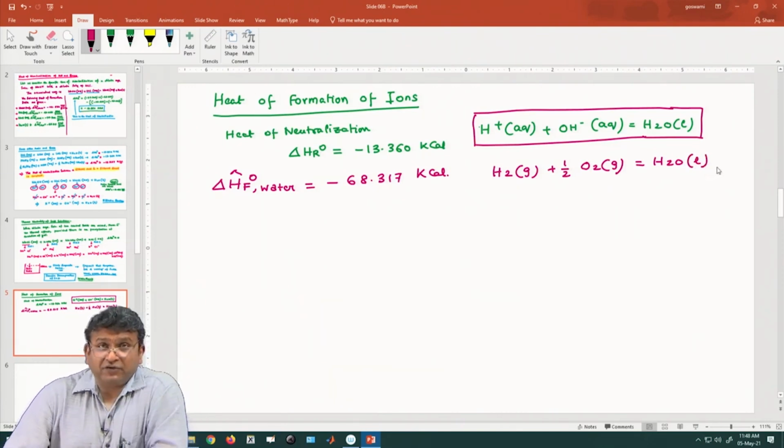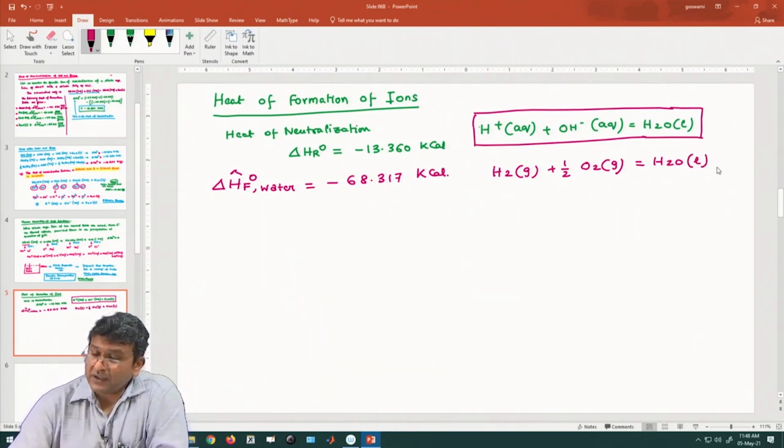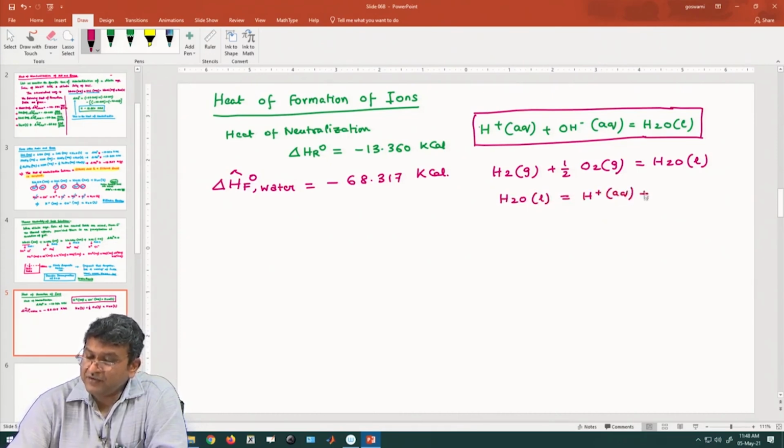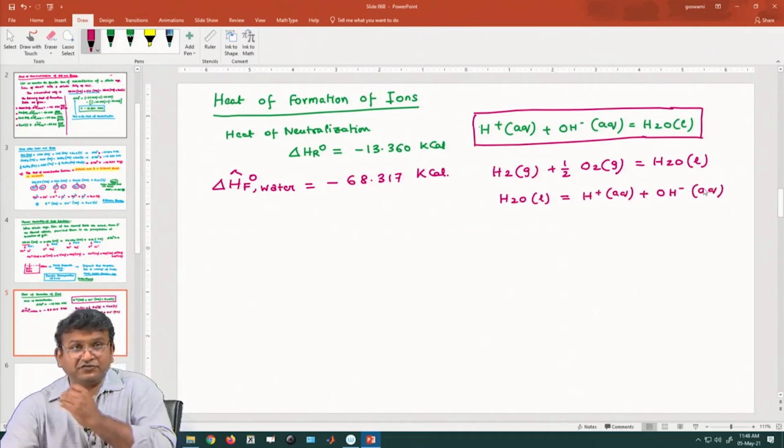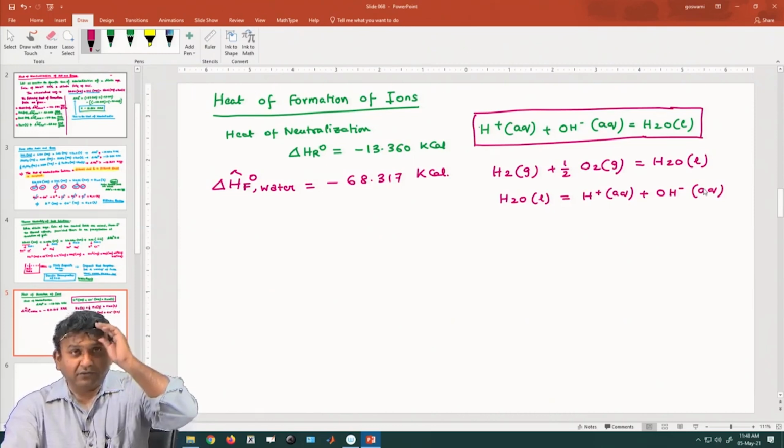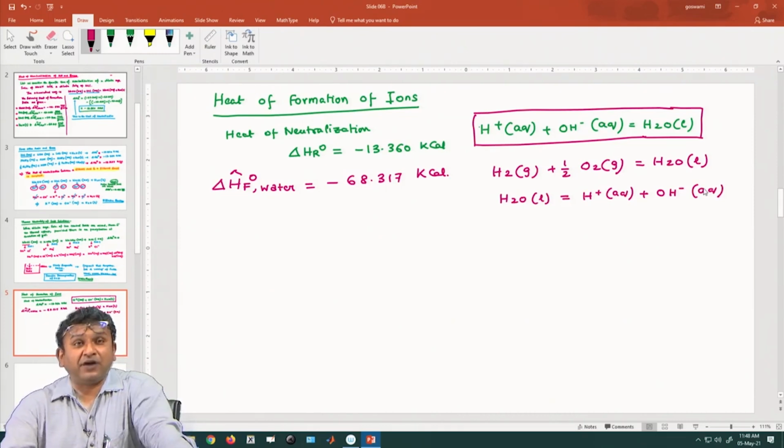Now, if we just combine these two equations, again Hess law coming into the picture. So, we have H2 plus half O2 leading to H2O, and H2O as if we consider it is dissociating to H plus and OH minus. So, this is exactly the situation like the way we calculated the heat of formation of carbon monoxide.